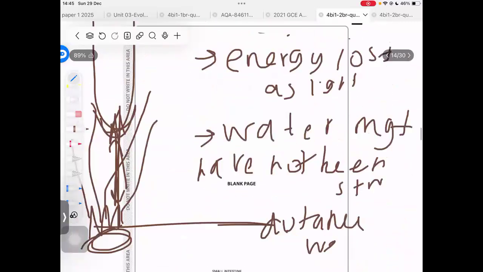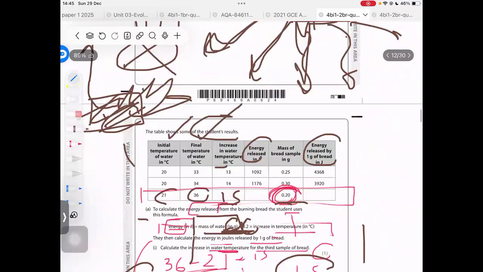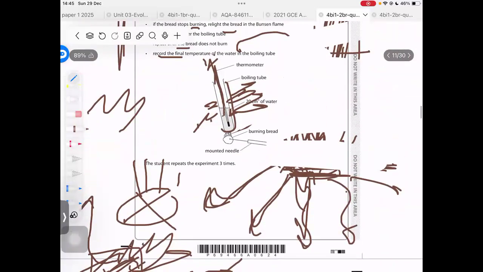So you can say using a lid. And also you can keep equal distance. Now sometimes your hand might be shaking, so you will have different distances from the tube to the mounted needle throughout the experiment.